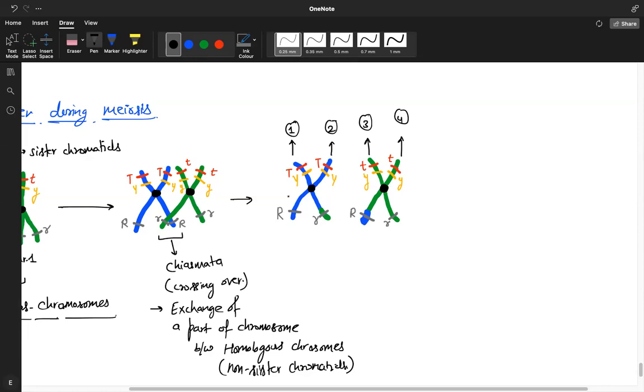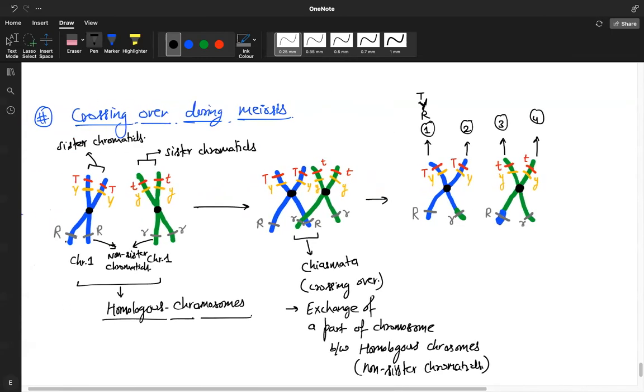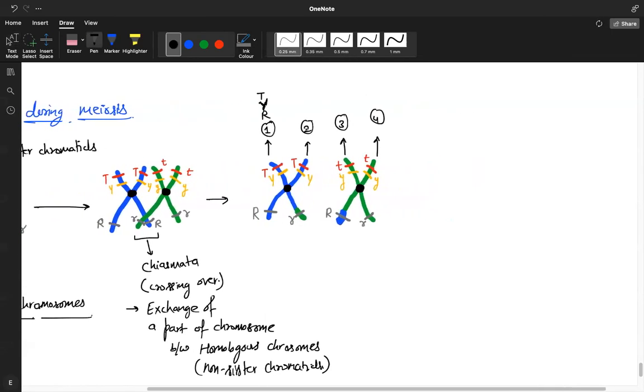Now this chromatid 1 will have the gene sequence as capital T, capital Y, and capital R, right? Is this like the parent? Yes. The second one will have capital T, capital Y, small r. Is this like the parent or is it a recombinant? Recombinant.